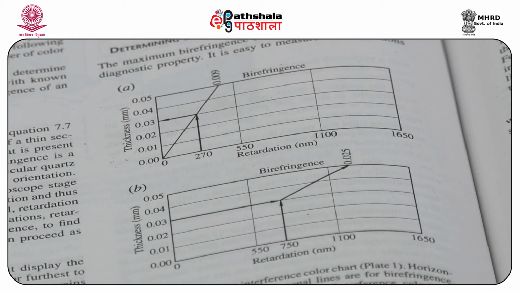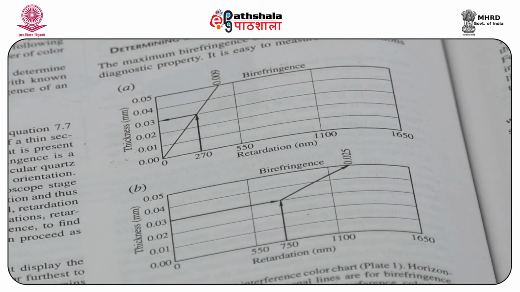Knowledge of retardation can also be used to determine the thickness of a thin section if a mineral with known birefringence is present, or we can determine the birefringence of a mineral if we are studying an unknown mineral of unknown thickness.